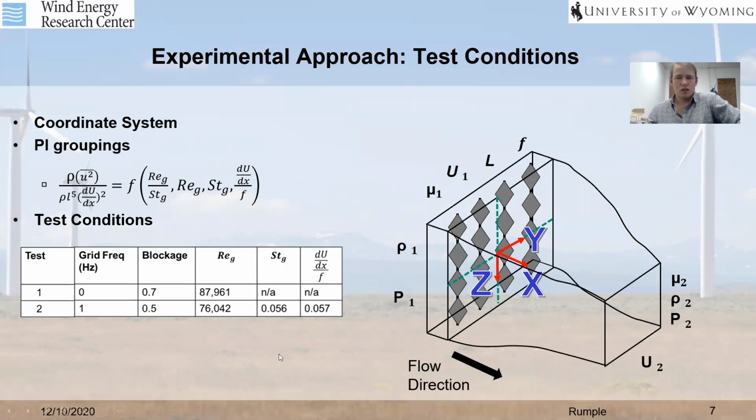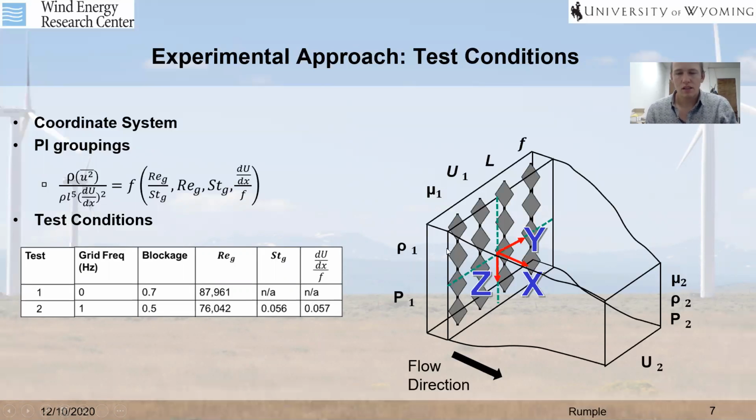So now I'm going to orient you to the coordinate system. This image on the right is of the active grid in contraction system, and the coordinate system is grid-centric, and it's in a left-handed sense. And so all the measurements that I will show today have been done along the x-axis here, and they start at about halfway through the contraction and end at the beginning of the test section.